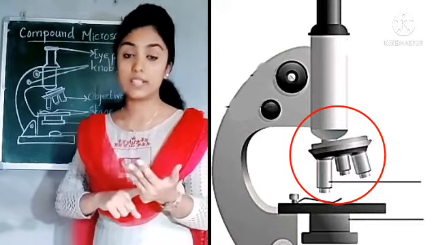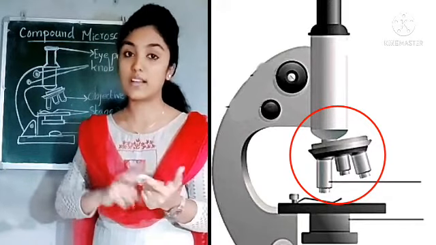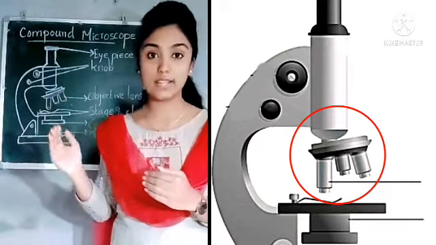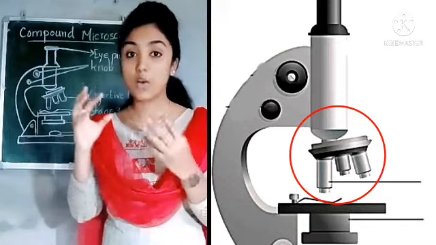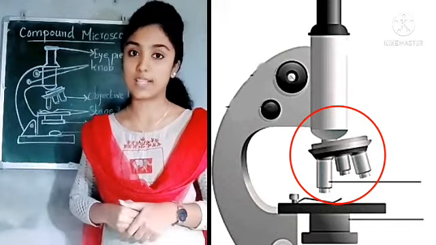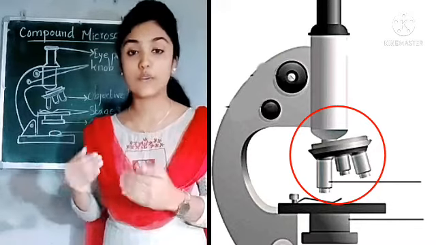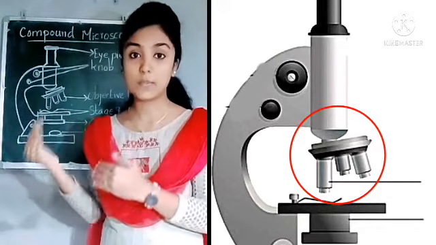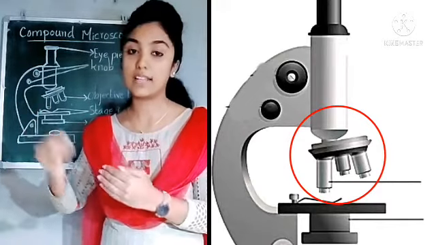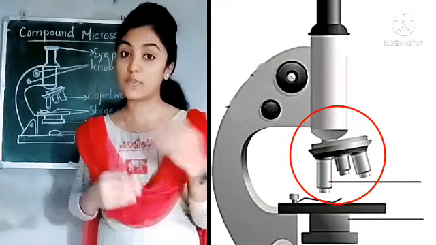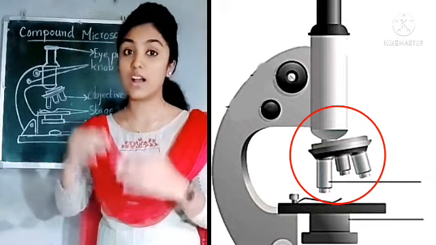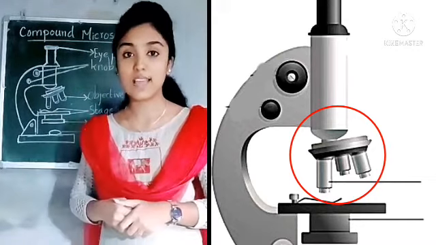In one it is 10x, then 45x, then 100x, and if we use 10x objective lens, we can see the image 10 times larger than its actual size. And if we choose 45x magnification power, we can see the object 45 times larger than its actual size. And if we choose 100x, we can see the size of the object 100 times larger than its actual size.